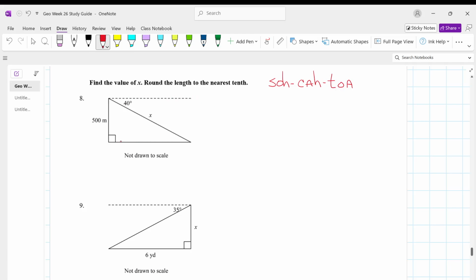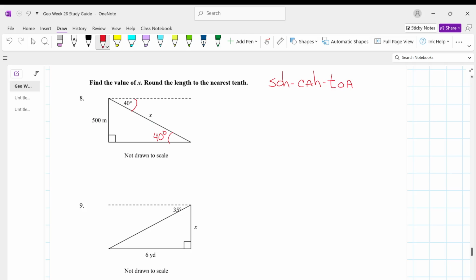The line across the bottom of this triangle is a horizontal line. They're parallel to each other. Whatever degree this angle is right here, it's the same as this one. So this is 40 degrees. Okay? Move the 40, this angle of depression, into the triangle. These two angles are the same.